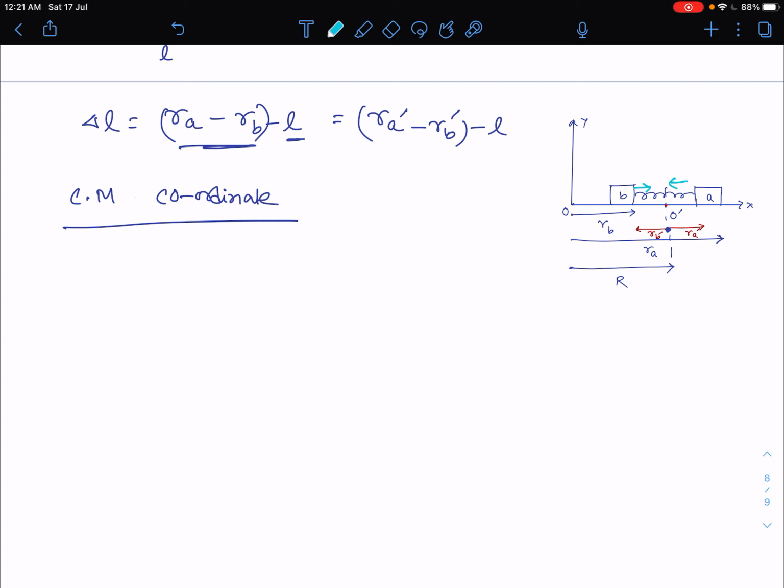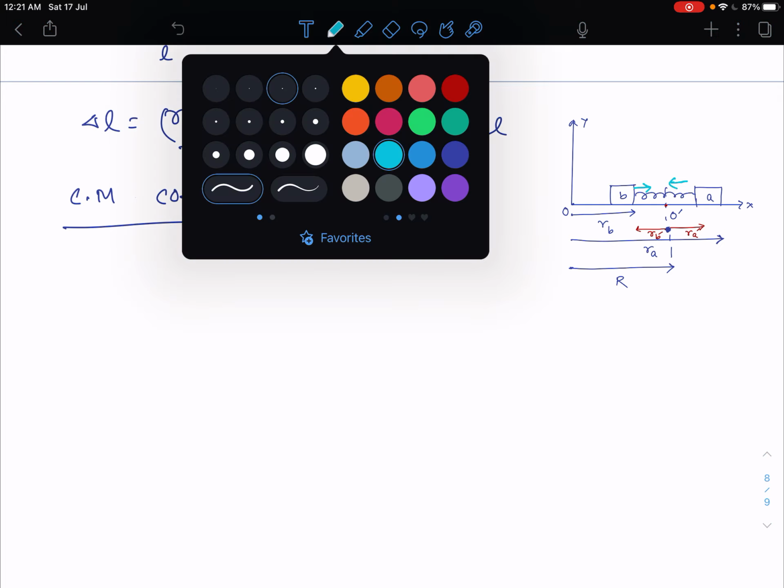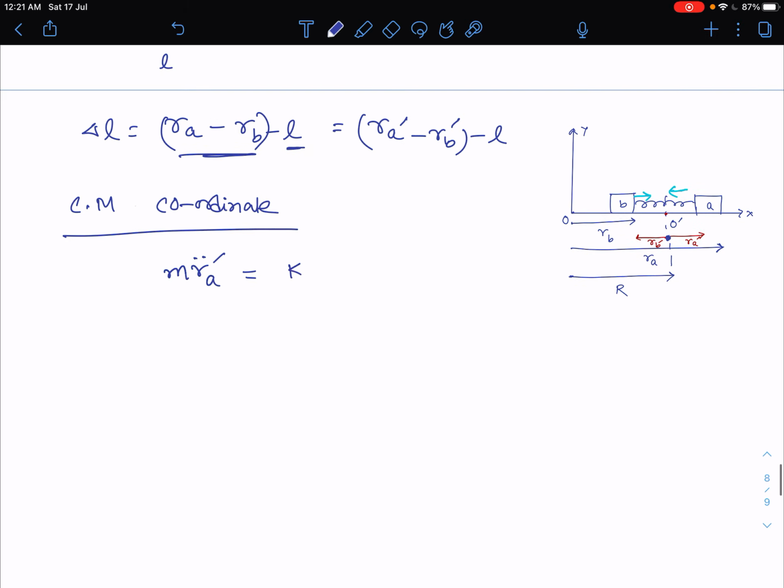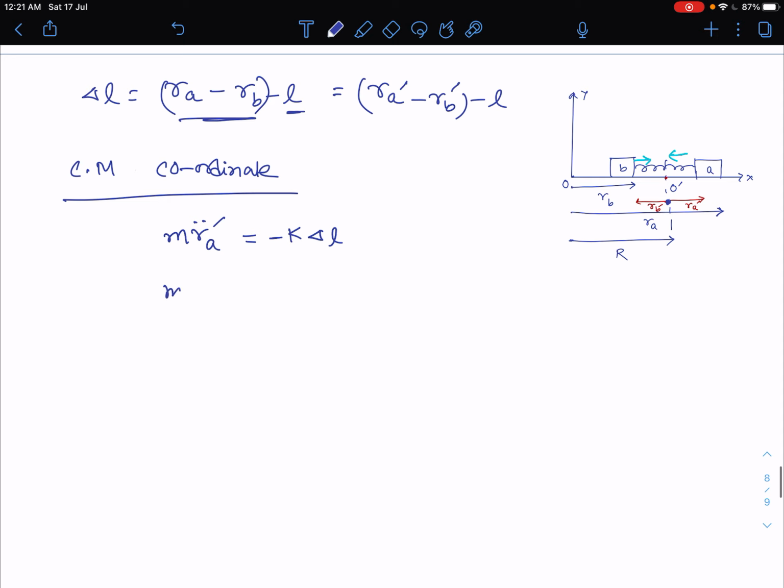So the equation of motion is m RA prime double dot, the motion with respect to the center of mass, equals minus k times delta L, since this is along the negative direction. And what is m RB prime double dot? Since it is along the positive direction, it is k delta L, right?